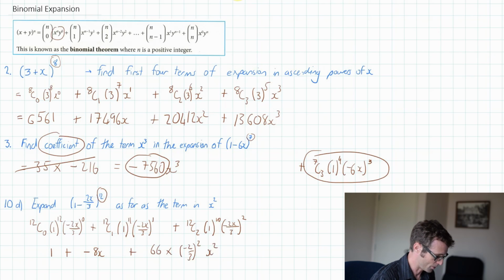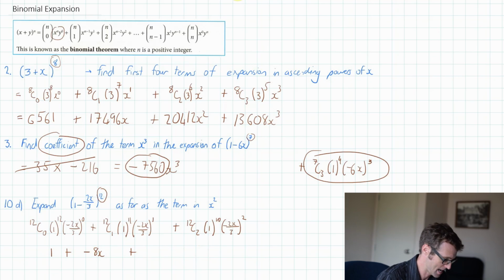So what do we get for that? We get 66 times 4 ninths, which is 88 over 3. So our last term is 88 over 3 x squared. Write that in here. And that's how we do that one.